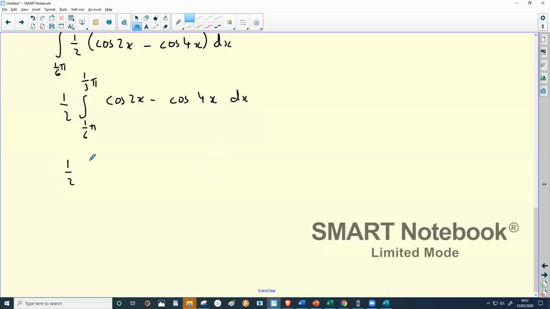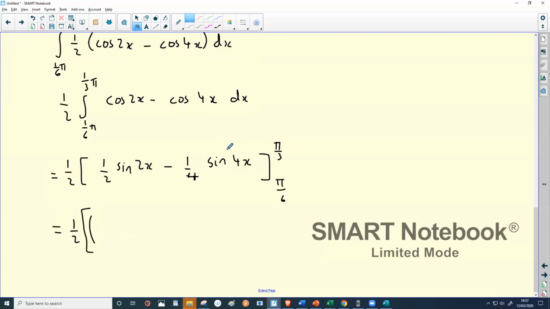So we get half, open square brackets now because we're actually going to integrate, 1 over 2 sin 2x minus 1 over 4 sin 4x between the limits of pi over 3 and pi over 6. So I'm going to leave that half alone. I'm going to multiply right at the end stage.